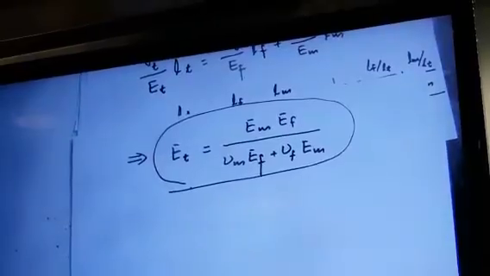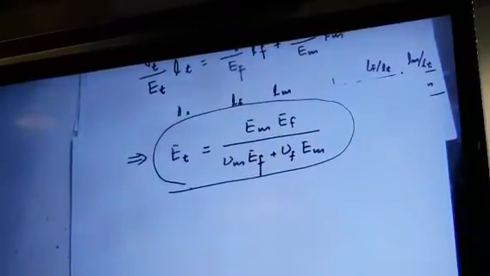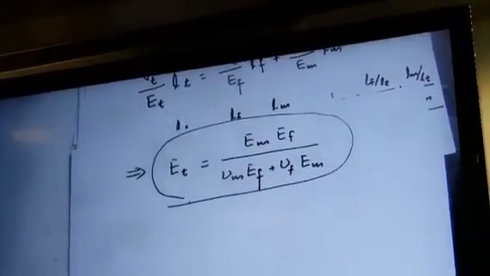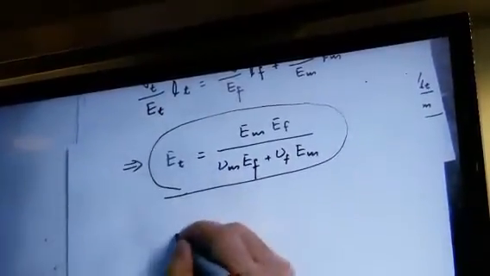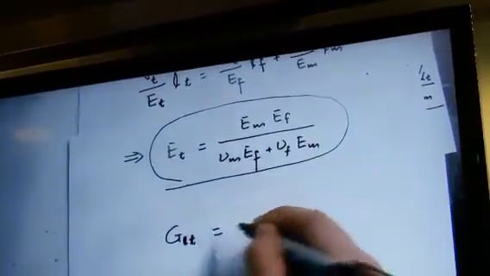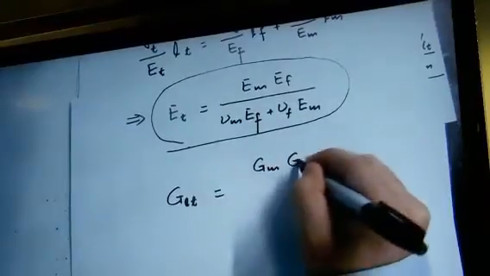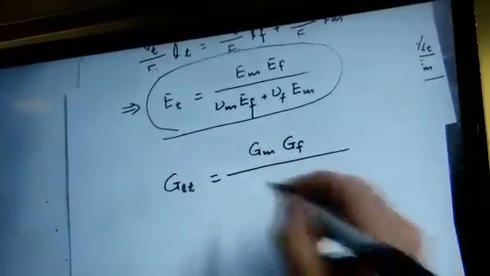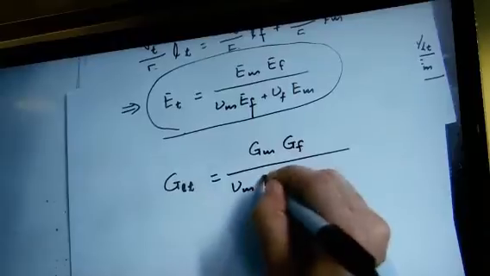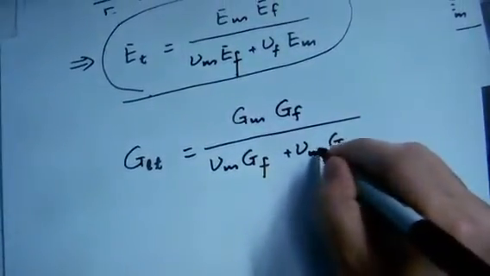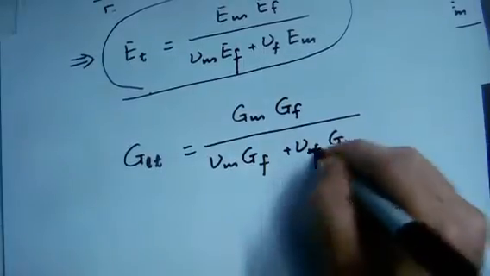Everything should be related. So I'm going to skip the derivation of shear modulus, but I'm going to derive Poisson's ratio. Okay? Because shear modulus derivation is pretty straightforward, and even the equation is very similar to this one. It's GM, GF, VM, GF plus VM, VF, GM.